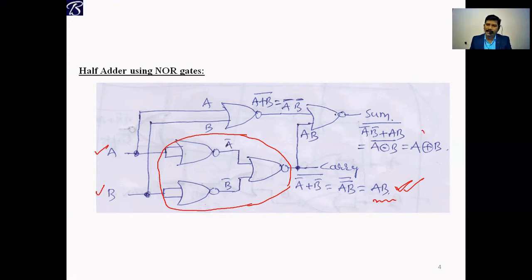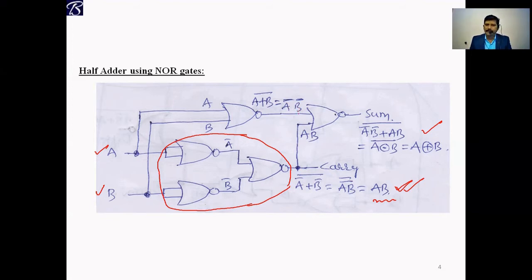Now we need the XOR gate for the sum. You take these two inputs and put a NOR gate here. You will get A plus B whole bar. If you apply De Morgan's theorem, that is A bar into B bar. And we know the XNOR operation: what is the XNOR operation? A bar B bar plus AB. See here, AB is already available from the AND gate, and A bar B bar is available here.